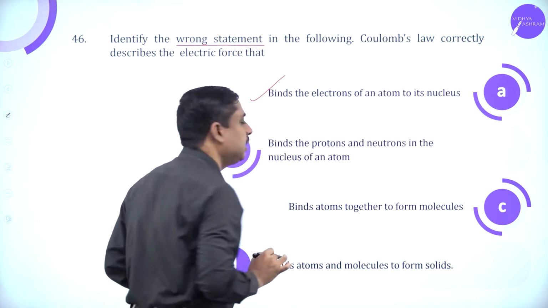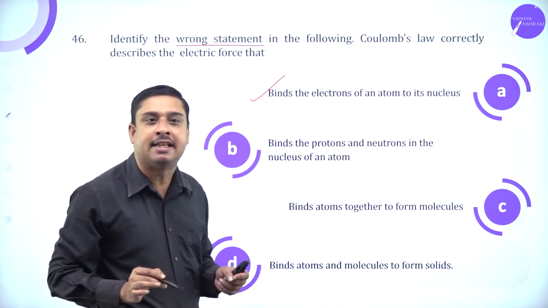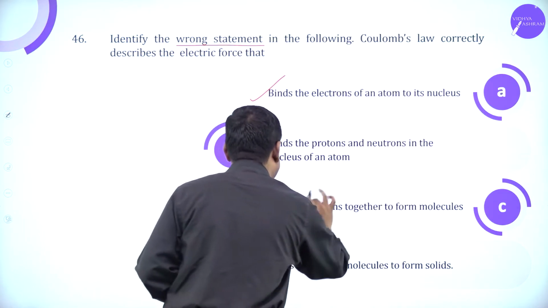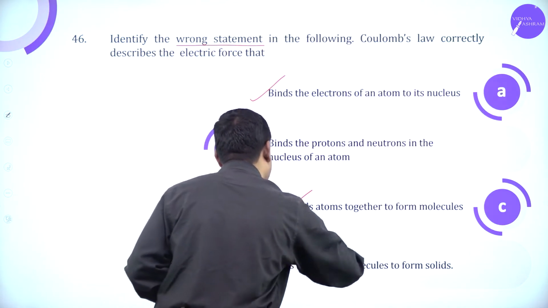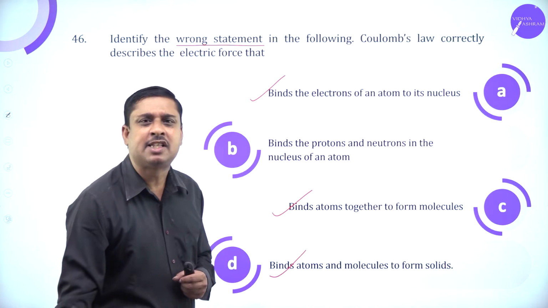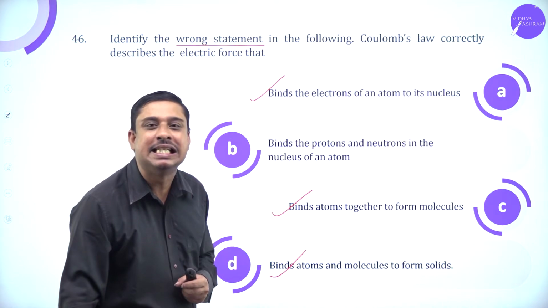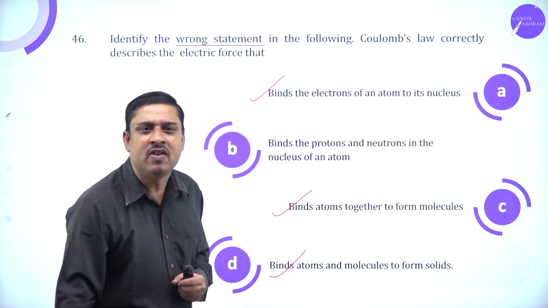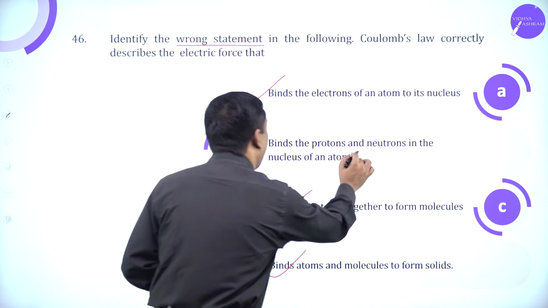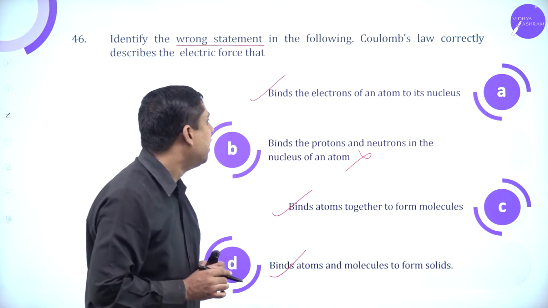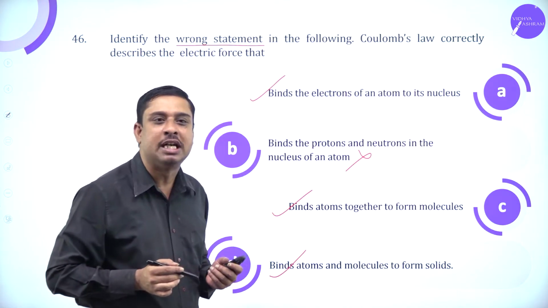Yes. It explains how atoms bind together to form molecules. Yes. How molecules form new solids. True. But it never explains how the nucleons are present inside the nucleus. It never explains the characteristic of nuclear forces. Therefore, the option which is wrong is B, how protons and neutrons are present in the nucleus of an atom.